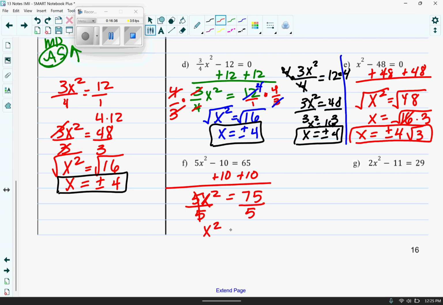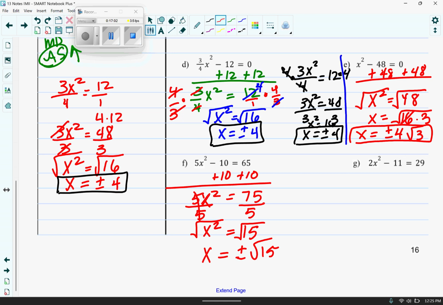X squared is equal to, 5 goes in there once, 15 times. And then we're going to take the square root of that. So x is equal to plus or minus. Now 15 does not break down. That has 0 perfect squares in it. Because you have a 5 and a 3, they're both prime. That would be all you could break that down into. So it's going to be plus or minus the square root of 15.